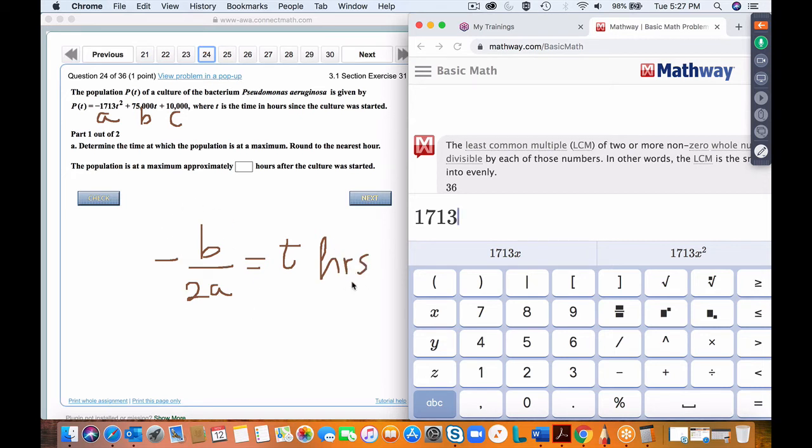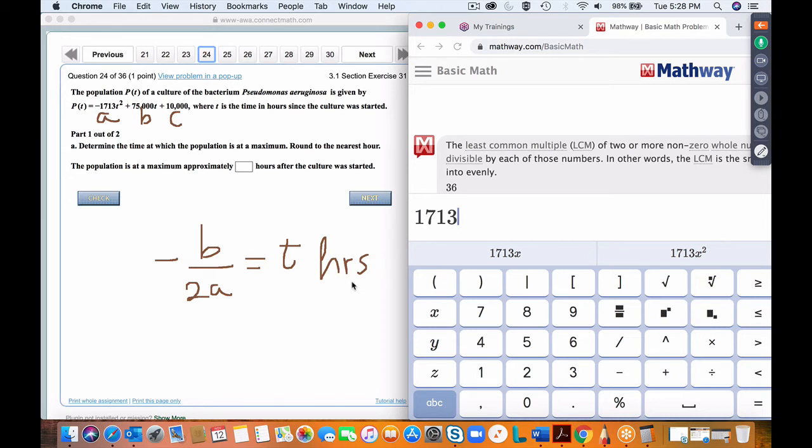So this formula will give you in how many hours. So that will answer part 1, which is the number of hours. Part B will be the population at the maximum. What is the population at the maximum peak?